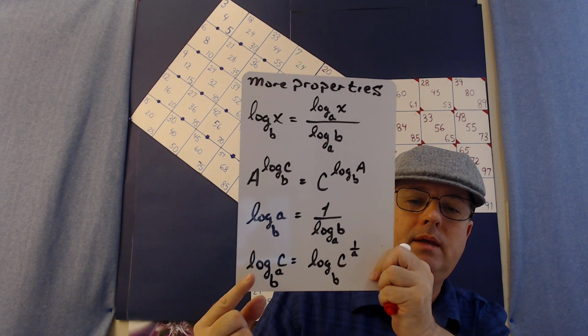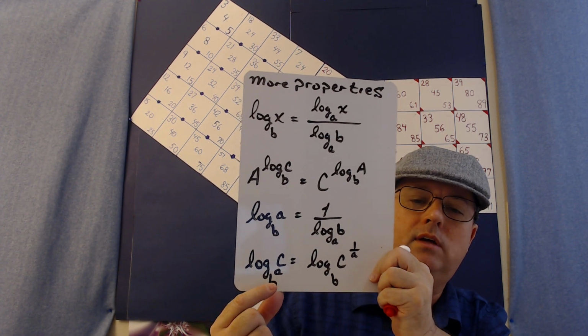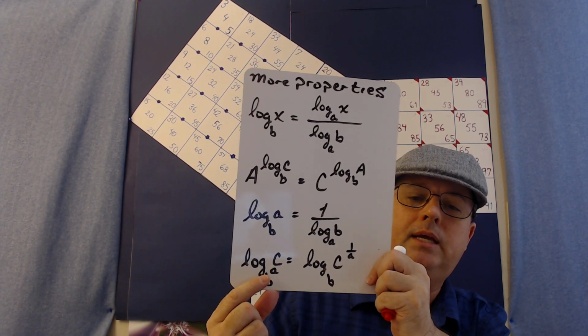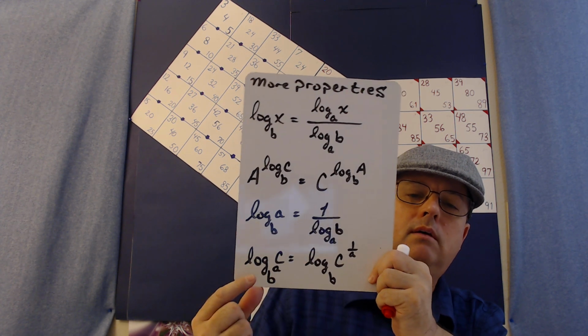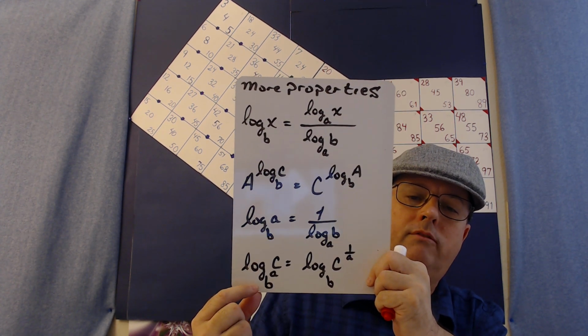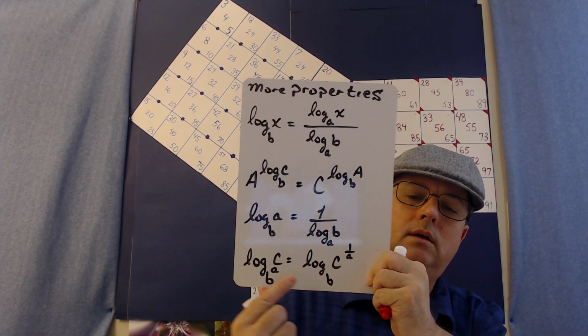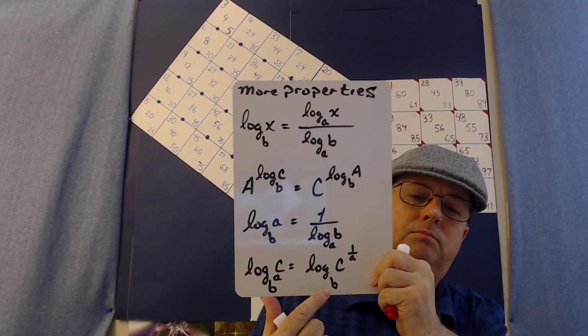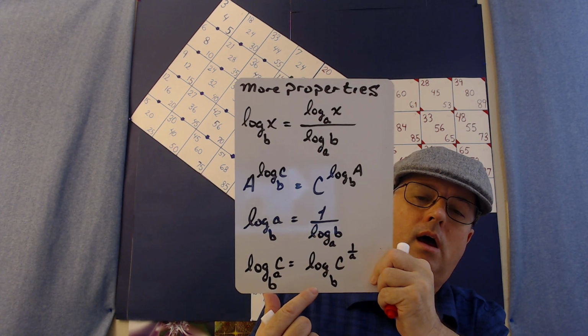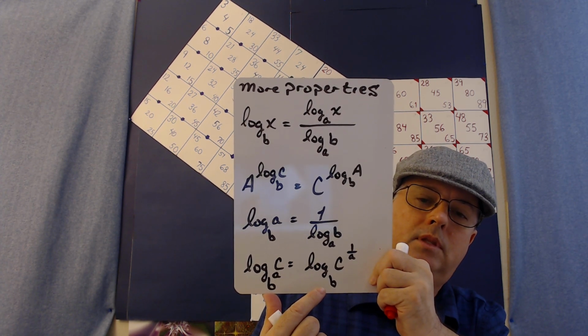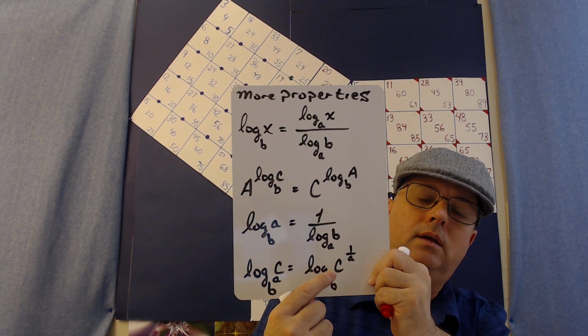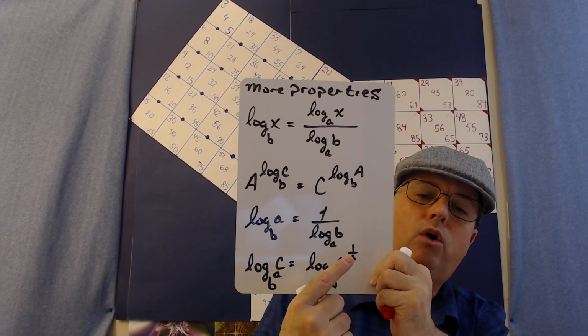Amazing. And if you even have this crazy idea that the base is b to the a power, then the log base b to the a power of c is the same as the log base b of c to the 1 over a.